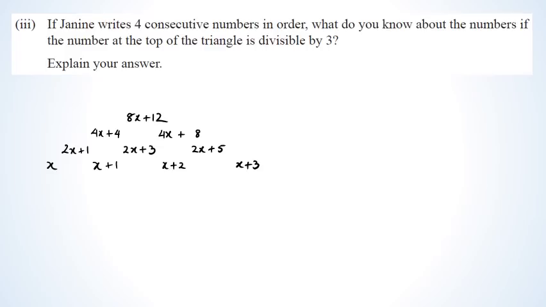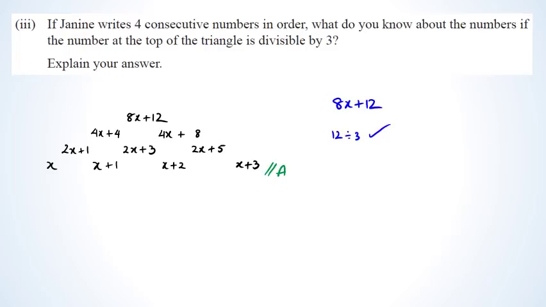So setting up this particular triangle and going all the way to the top is going to get you an achieved. Now this one says, what do you know about the numbers if the number at the top of the triangle is divisible by 3? The number at the top is 8x plus 12. Now we know that 12 can be divided by 3, that's not a problem.